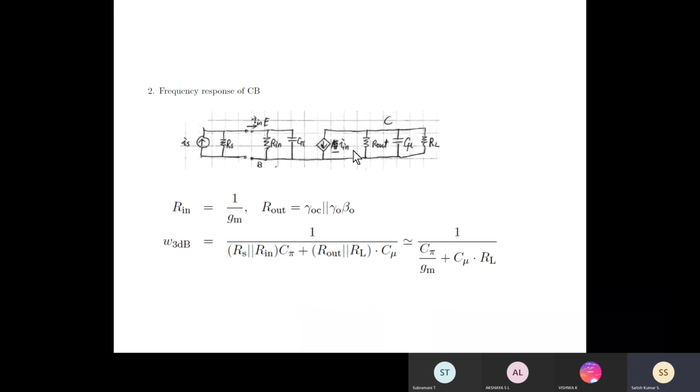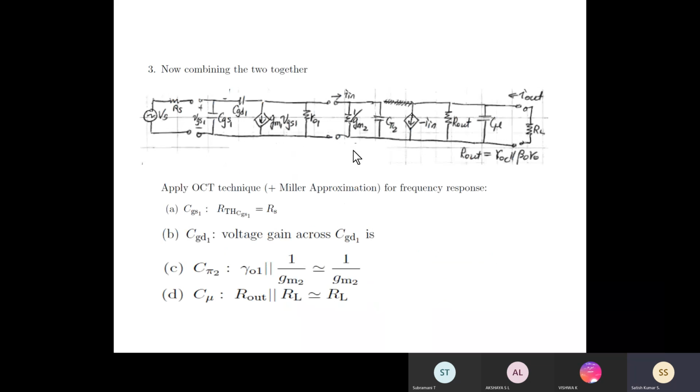While combining these two, common source and common base, what will happen? This is the entire combination of the circuit. First we take the FET amplifier, and next the BJT. If you combine both, we obtain the parameters, and the frequency response is very high.